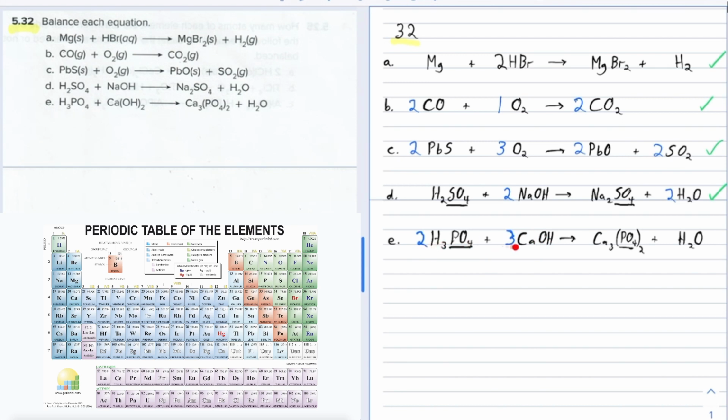Okay, so 2 times 3 is 6, plus 3 is 9 hydrogens, and then 3 oxygens over here.